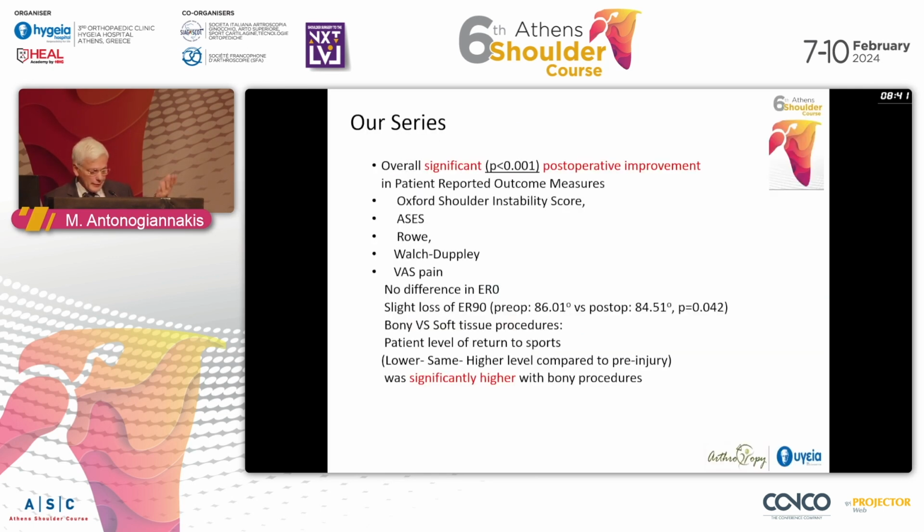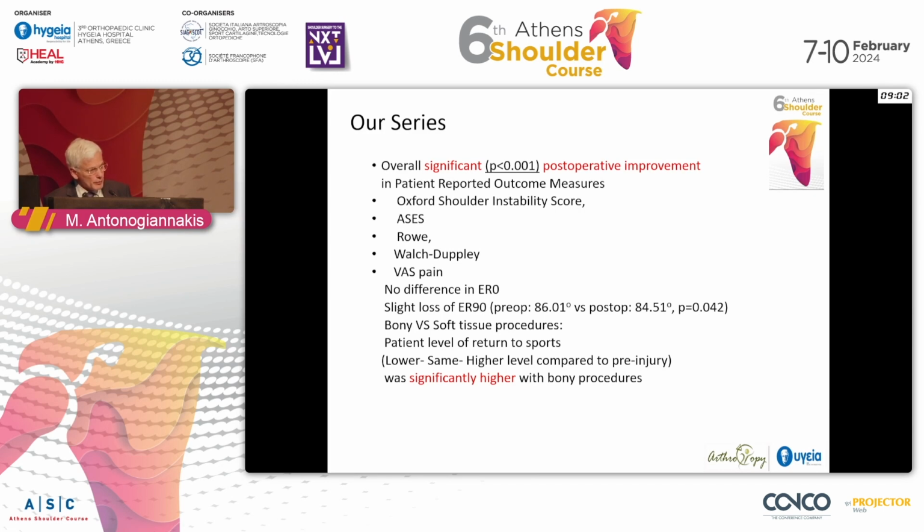So all the scores are improved, and what we see is that with bone procedures, patients come to a lower participation in sports and have a better satisfaction. And this can also be explained by the fact that they have a worse problem.